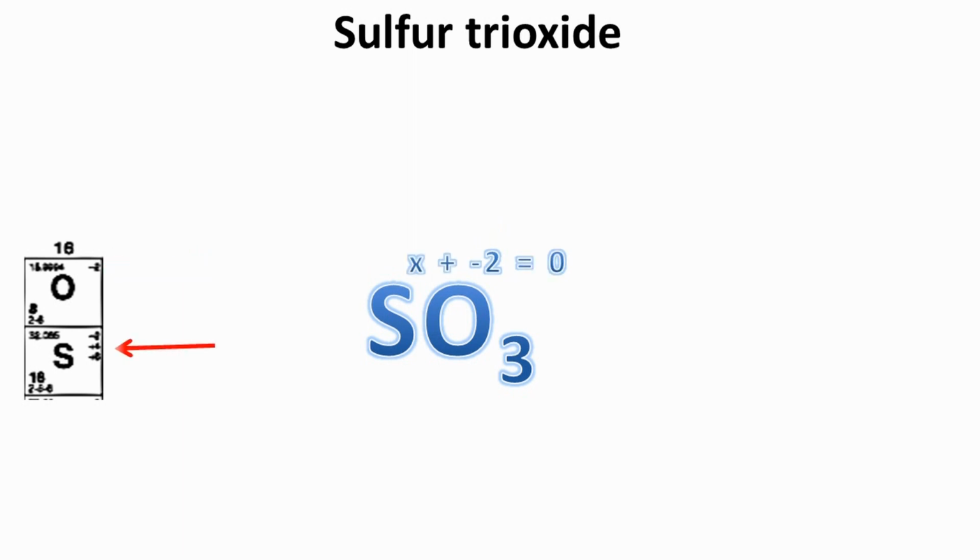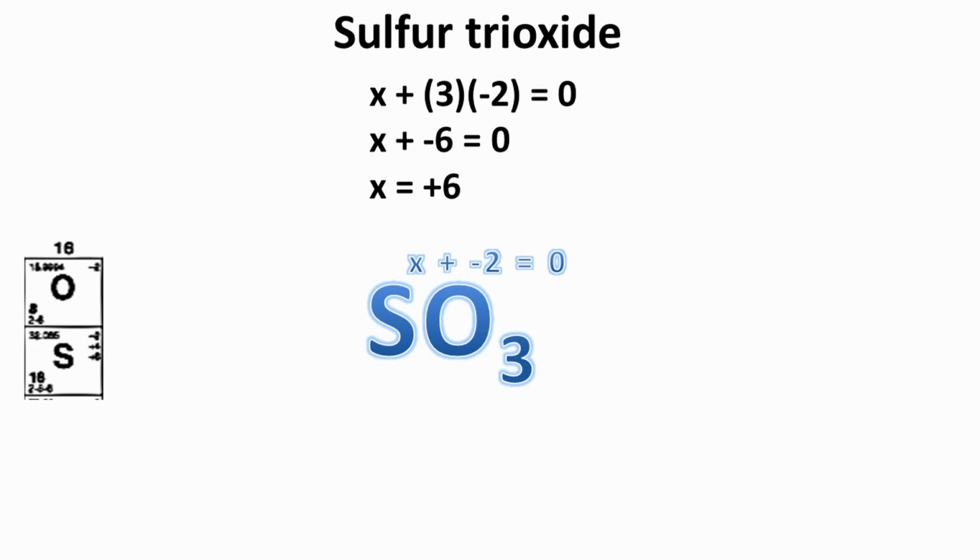But sulfur has 3 possible oxidation states. So let sulfur's oxidation state be X and set the sum equal to 0. Where X plus 3 times -2, because there are 3 oxygens in the compound, will equal 0. And X plus -6 will equal 0.